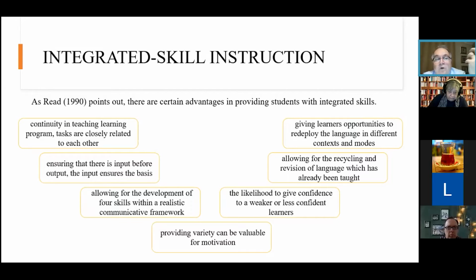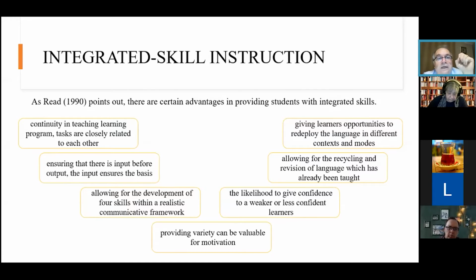Okay, first of all, I would like to mention the first one on the right. This gives learners some opportunities to redeploy the language in different contexts and in different modes. Integrated skills instruction allows for the recycling and revision of language which has already been taught.